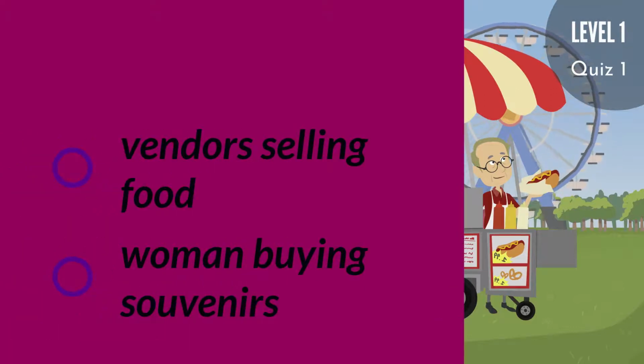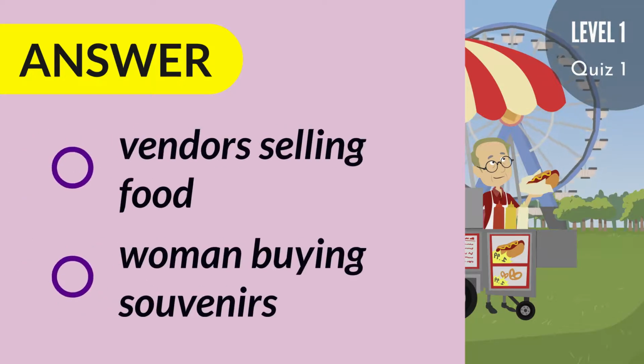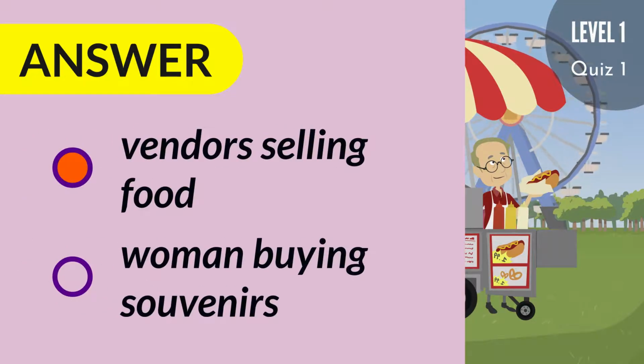Number 4. Vendors selling food. Or, woman buying souvenirs. The correct answer is, vendors selling food.